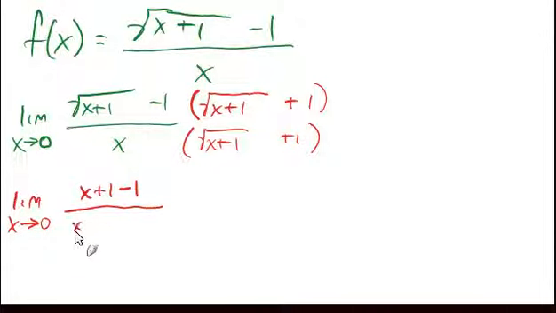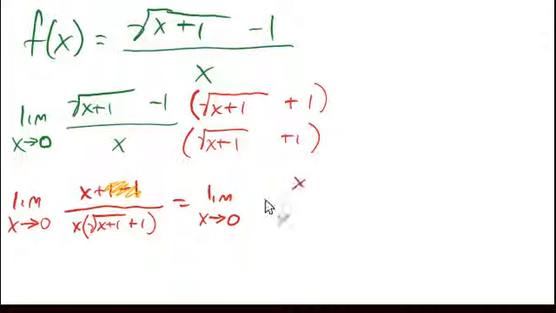And here we're going to get x times the square root of x plus 1 plus 1. And so this will be equal to the limit, as x approaches 0, of, but let's not waste ink, virtual ink. Those cancel each other out. So we get x over x times the square root of x plus 1 plus 1.